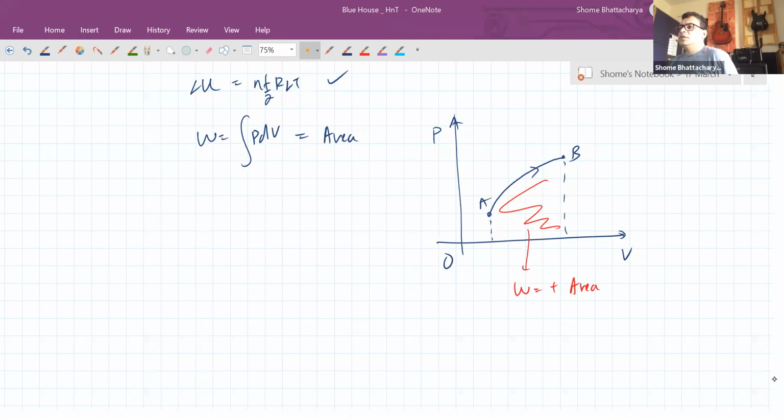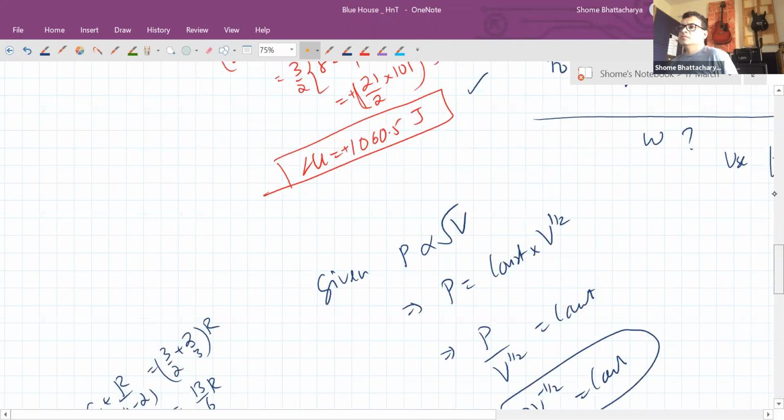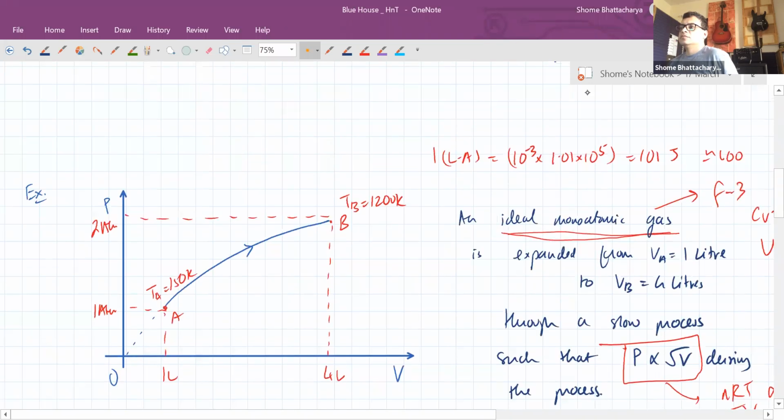Just a moment, I'll take you there. Is it clear now? Sir, you've underlined ideal monoatomic gas, and I've written something like f equals 3.